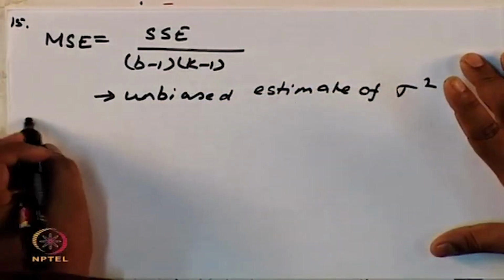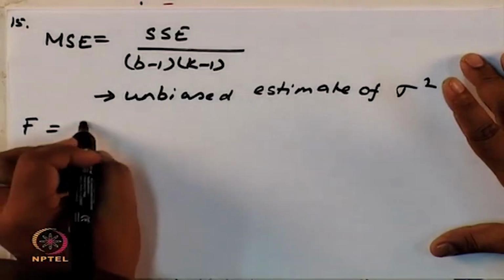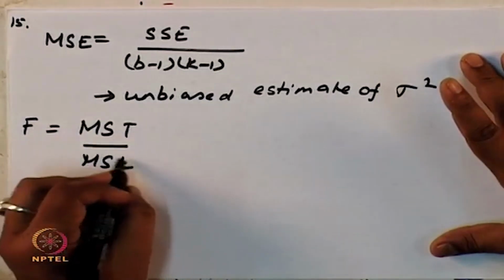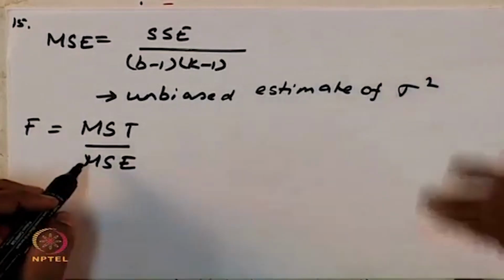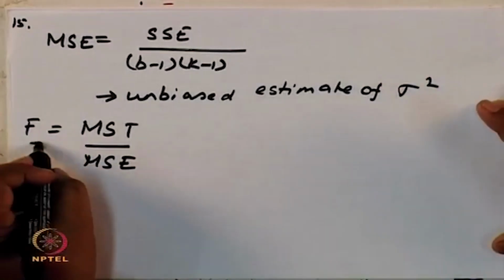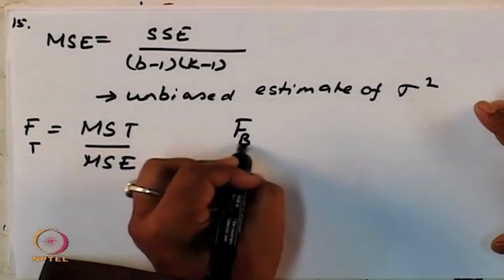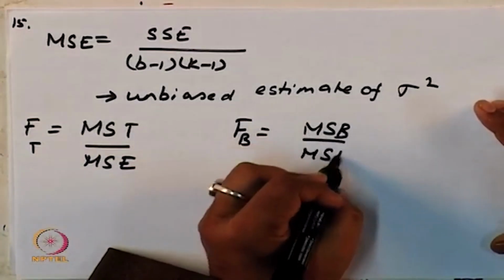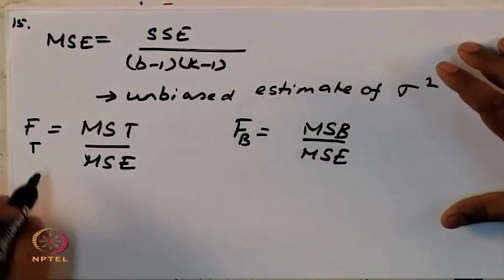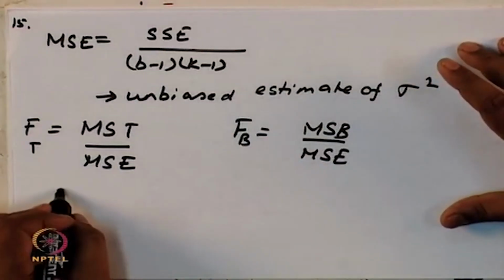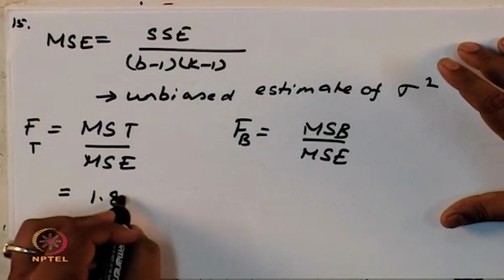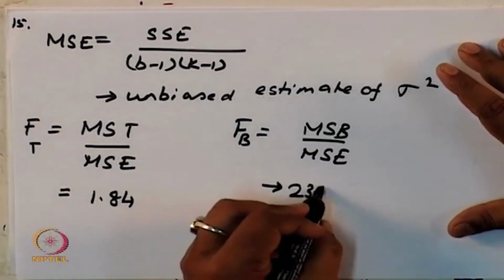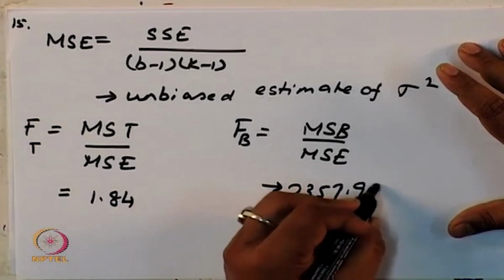You calculate the F statistic, which is given by mean square of treatments by mean square of error for testing the hypothesis for treatments. This is F of t, and F of B is given by MSB by MSE. If you calculate the value of F of t, this comes out to be 1.84, and F of B comes out to be 2351.99.